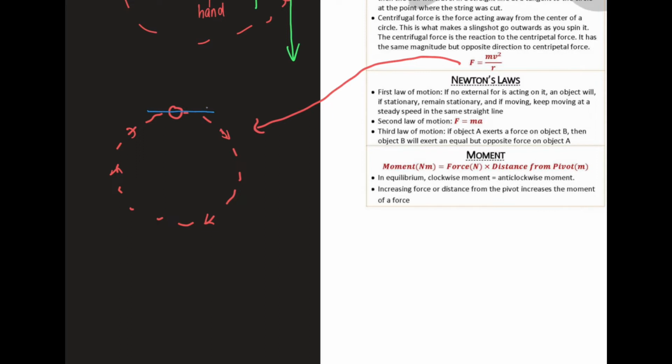So the v will be this one, at the tangent of the circle. That's the v. The m is the mass of the object. And r is the radius. Let's say this is the center of the circle. So then you can see the r. Then you can find the centripetal force.